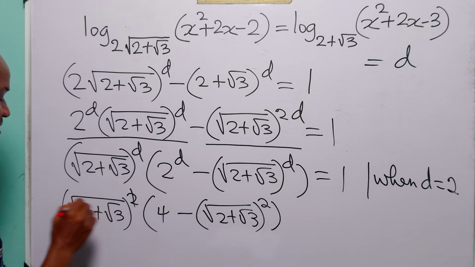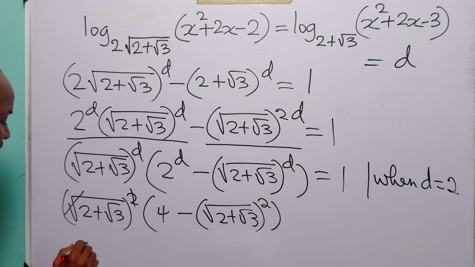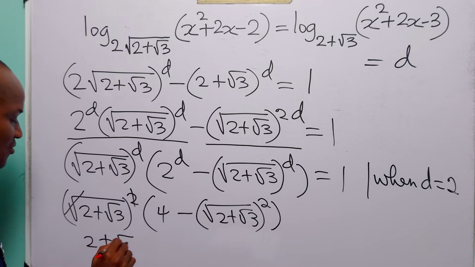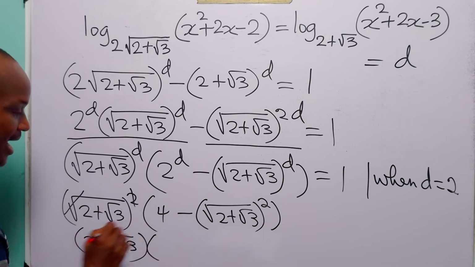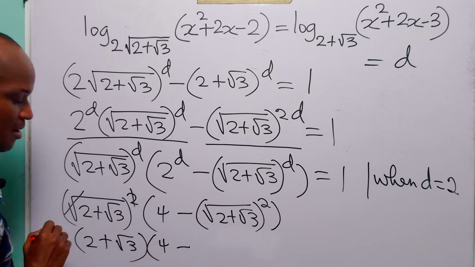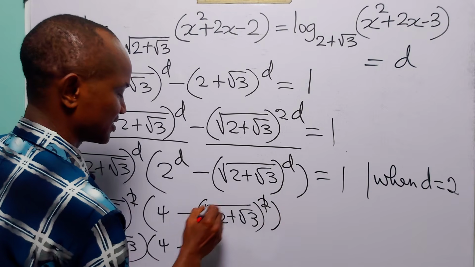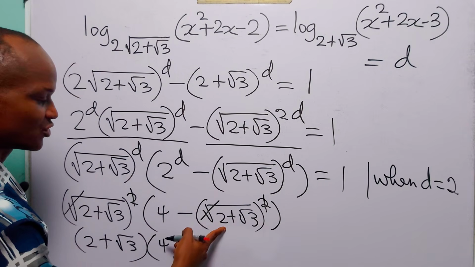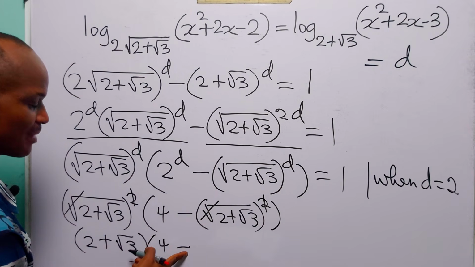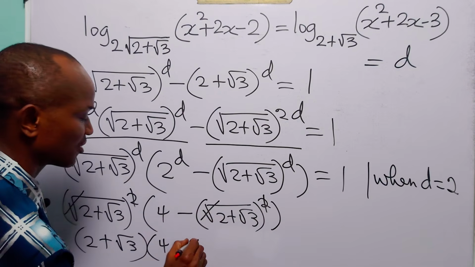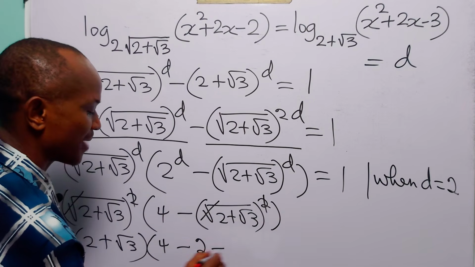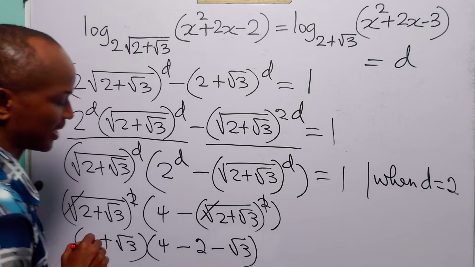Now, of course, you know that this is going to cancel that, giving us 2 plus root 3 times 4 minus, this is going to cancel that, here we have 2 plus root 3, but because of the minus in front, this now becomes 2 minus root 3.